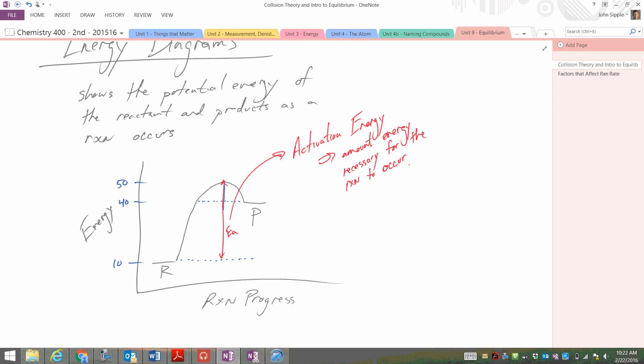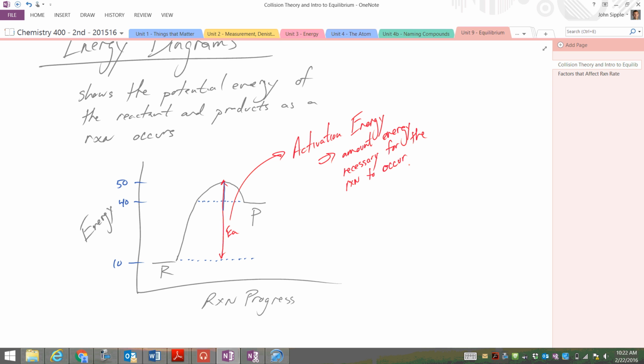Not 50, actually 40. We're going to need 40, because you already start at 10. They have some energy there already. If we provide 40 more joules or kilojoules, you're giving enough energy for the reaction to happen.